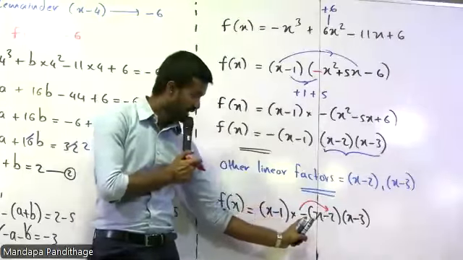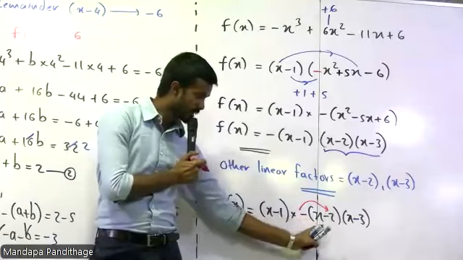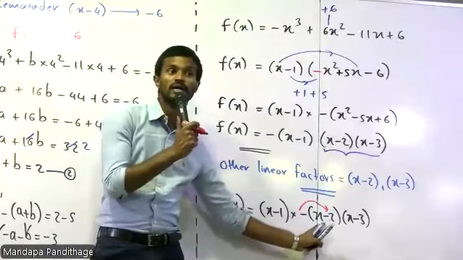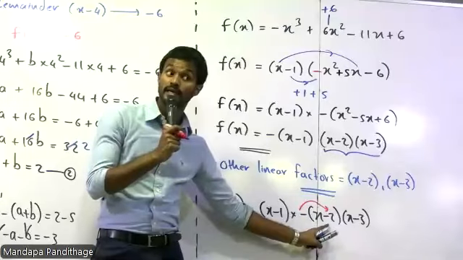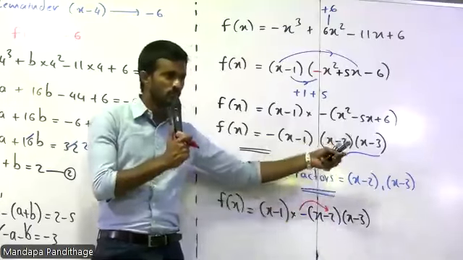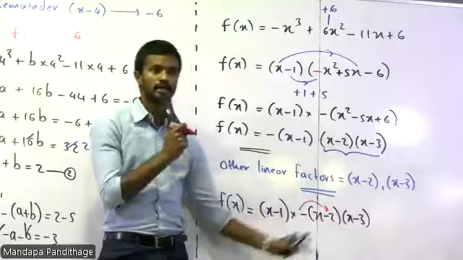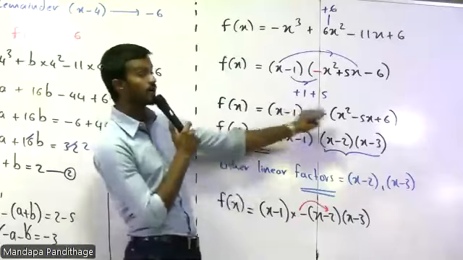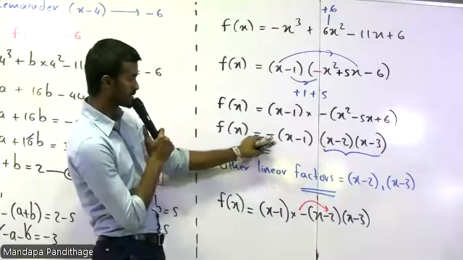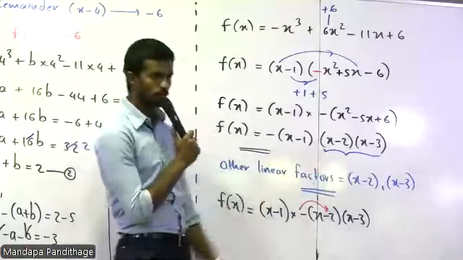Now tell me, if we put this minus inside, what happens to x minus 2? But again, I need answers. If you put this minus inside, what happens to x minus 2? It becomes minus x plus 2, or we can write it as 2 minus x. Clear? So here, I didn't put that minus in again. I'm just keeping the minus separately. So these are my two factors.